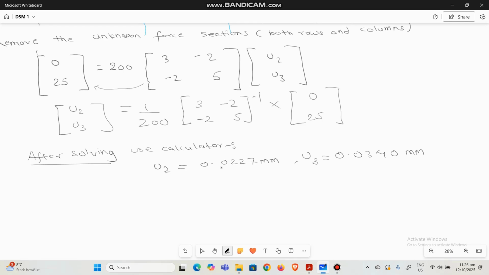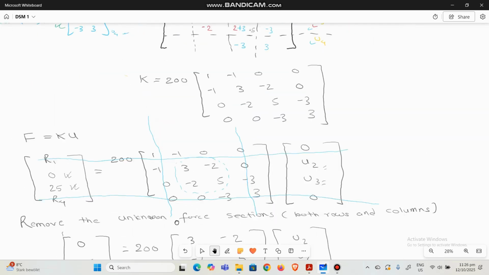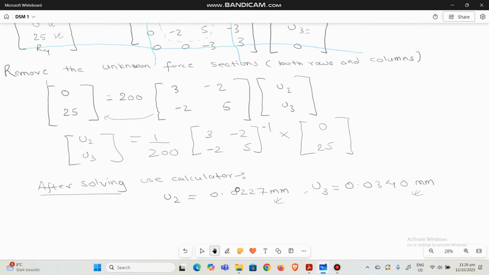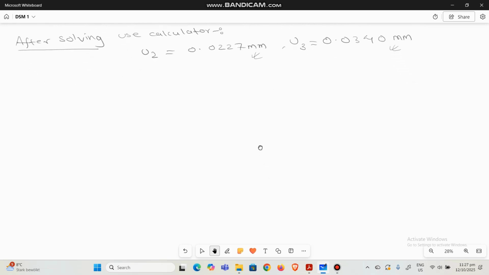So you got these values now. Using this, you can finally find the reaction forces which we cancelled here. Let's just do it. Solving for forces now.